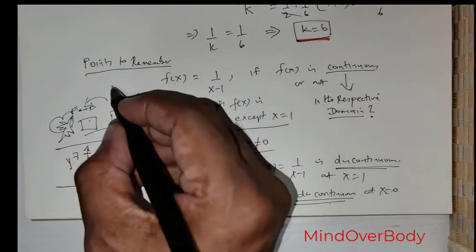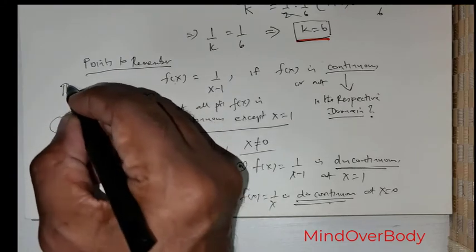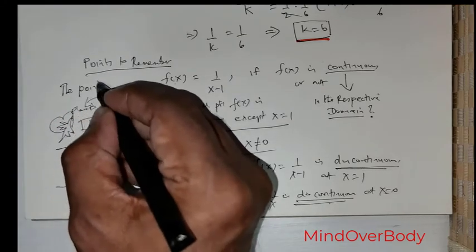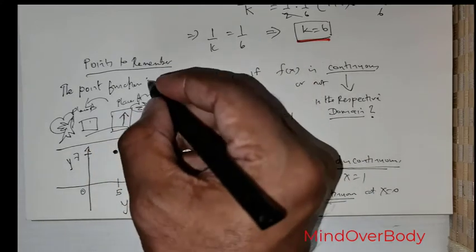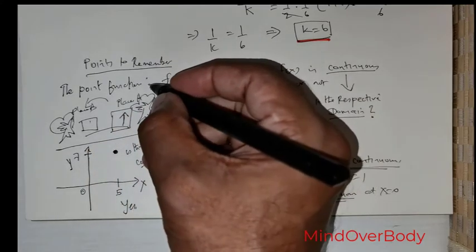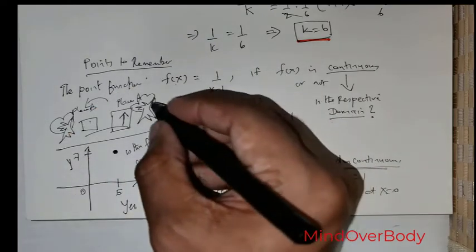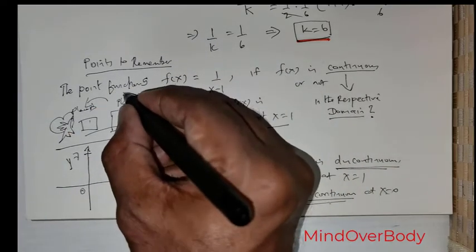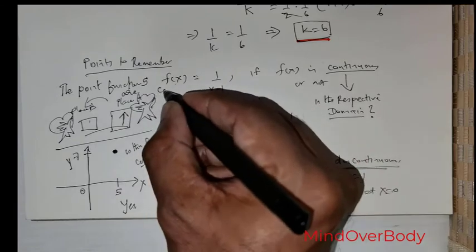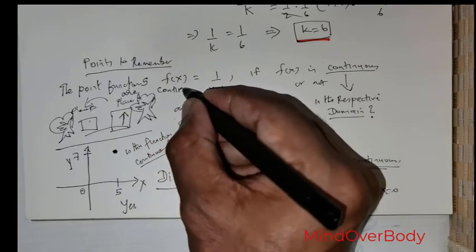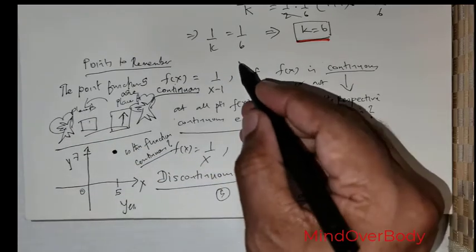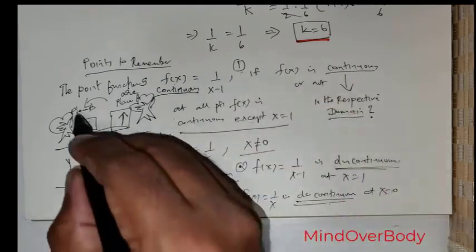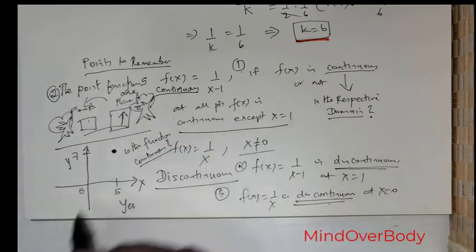The point function is continuous, or in other words, if you're talking about many such point functions, you can say point functions are continuous. So that is the second point to remember. Point number 1 I've placed here. Point number 2 is point functions are continuous, and we'll move on.